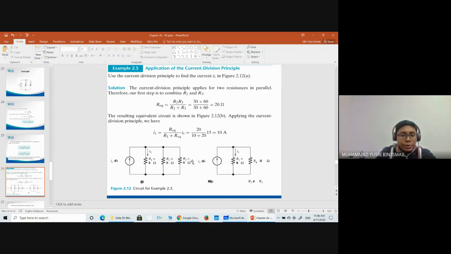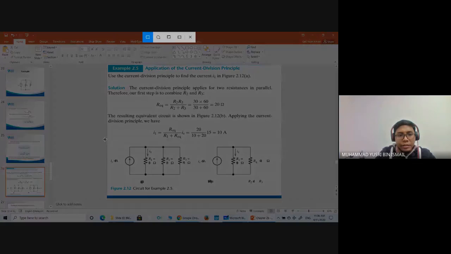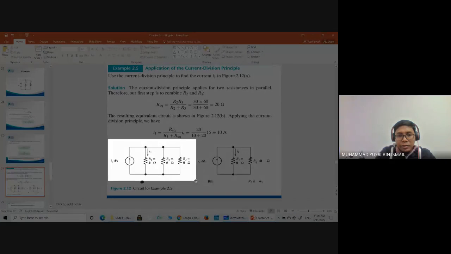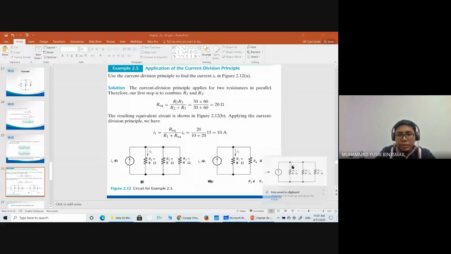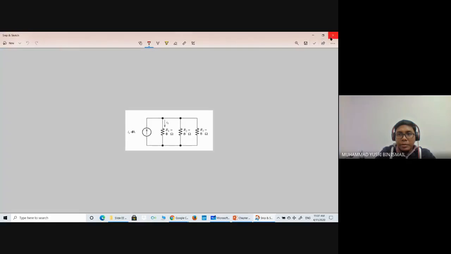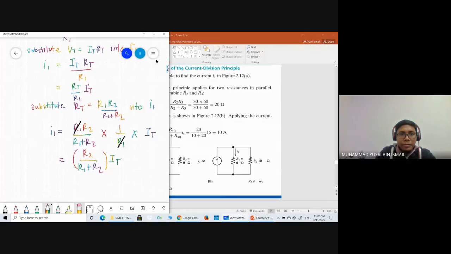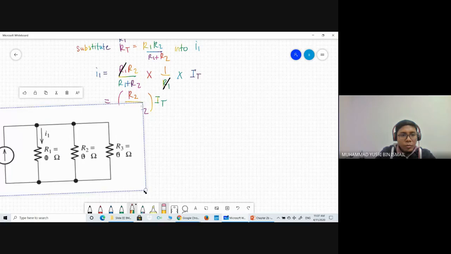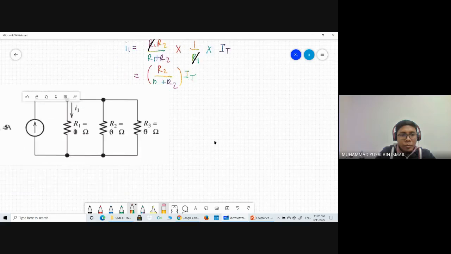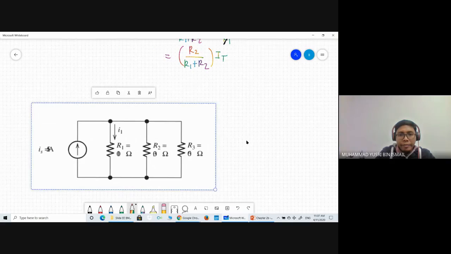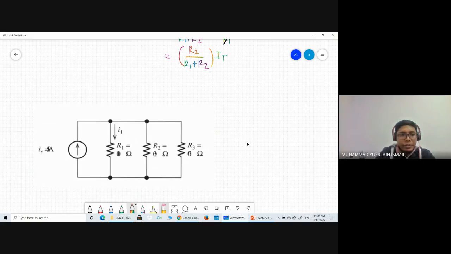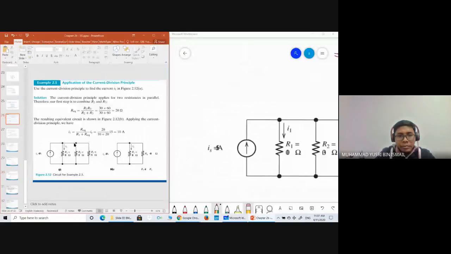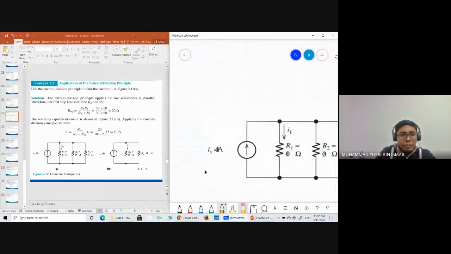Now I would like you to try to solve this first example. The current source is 15 ampere.